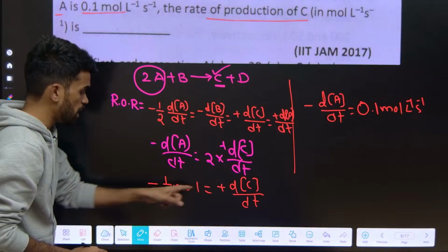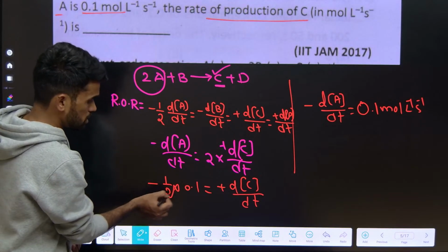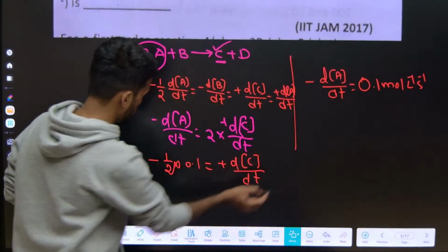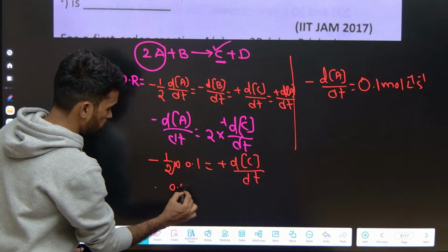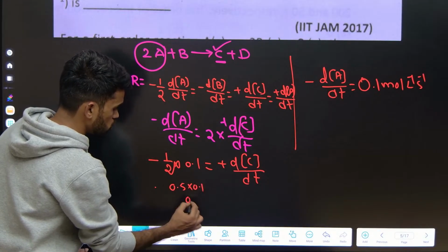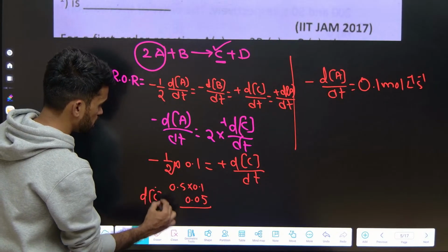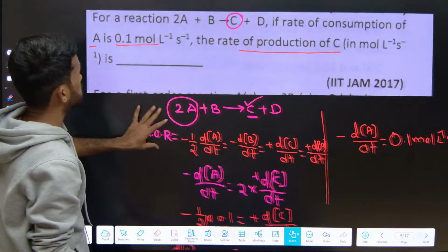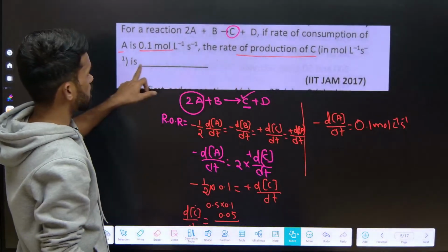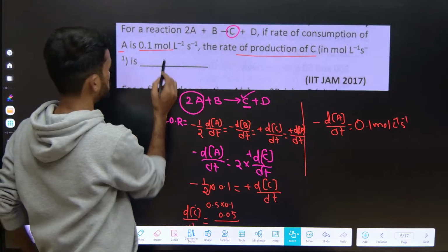So this is 0.1 by 2. It is simply 0.5 into 0.1, that is nothing but 0.05. So what is the production of C? dC by dt is 0.05. That's it. This will be your answer for this particular question. They are asking us to express it as a numerical answer type, so this value will be 0.05.